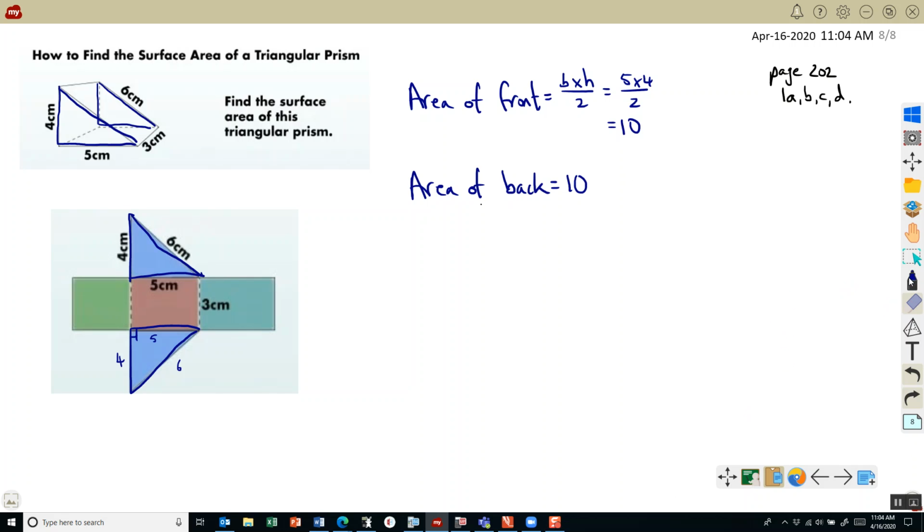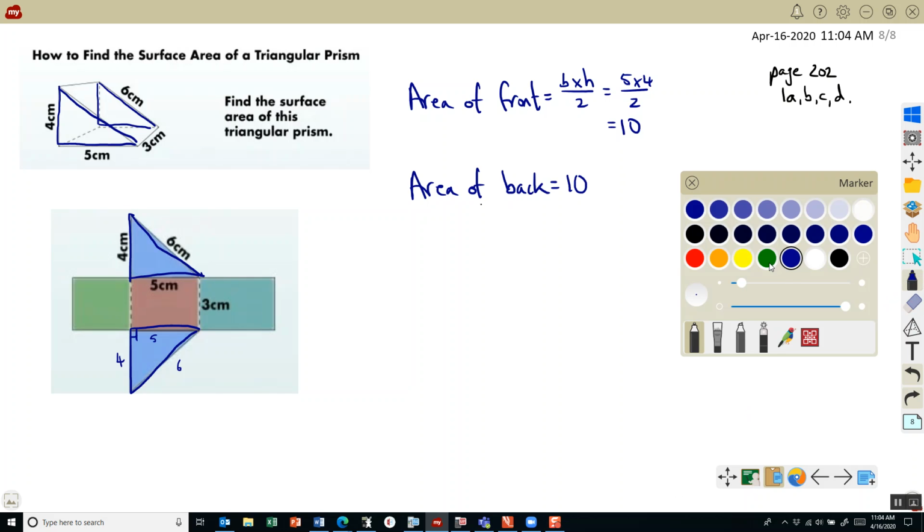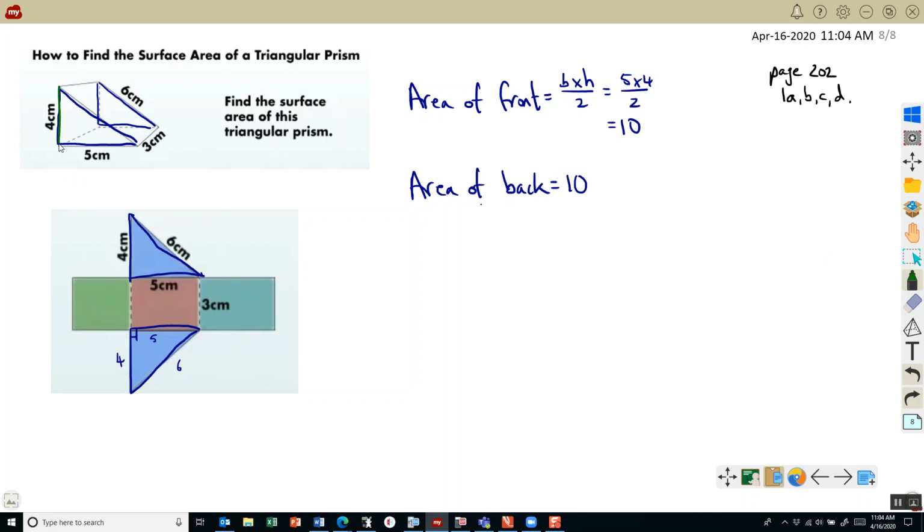Now let's look at, let's say, the left-hand side. Let's say that this is the left-hand side here. And if we look at it in terms of our net, if I was to open up my 3D shape, I will get this. So I'm looking at this side, the left-hand side, and I'm setting it all out so I can see, and this is what I would expect you to do. Now, what type of shape is the left-hand side?